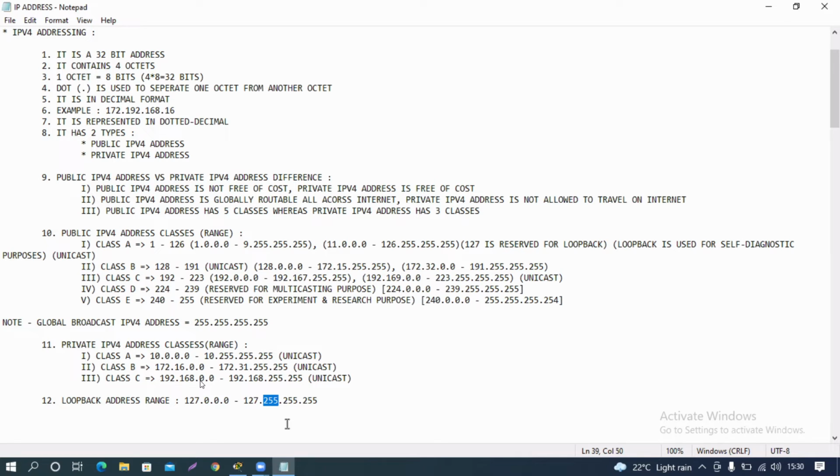So the question is, how many values are we having in an octet? How many values can we write in an octet? The answer is 256. If you count from 0 and go all the way up to 255, in total how many values do we have? 256.